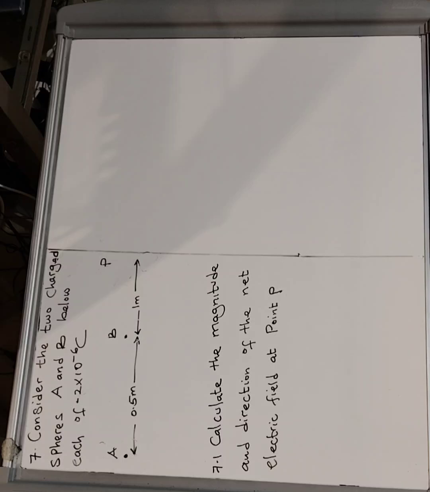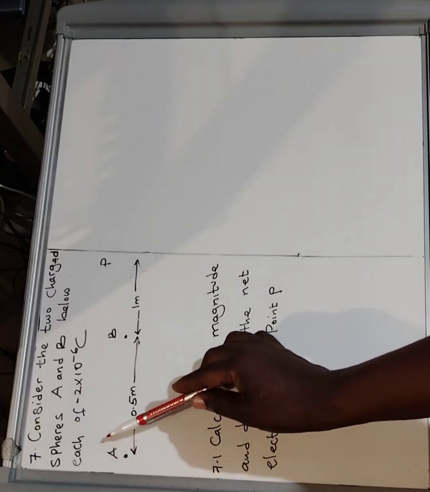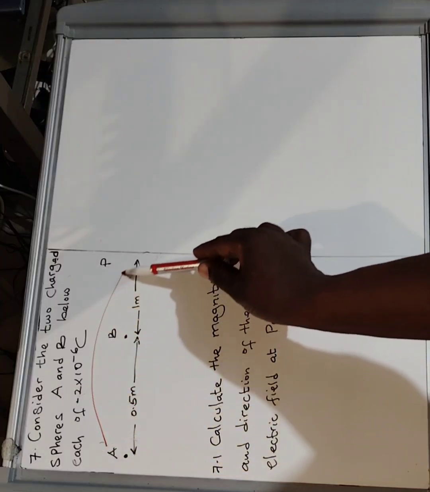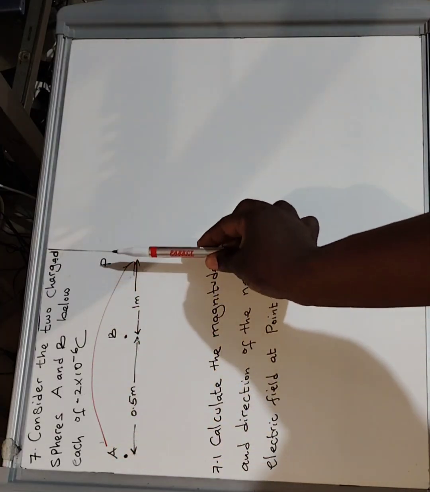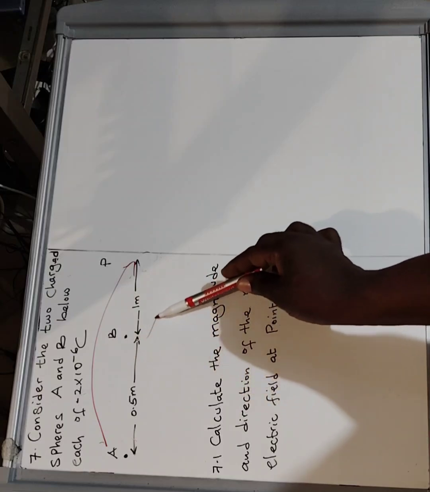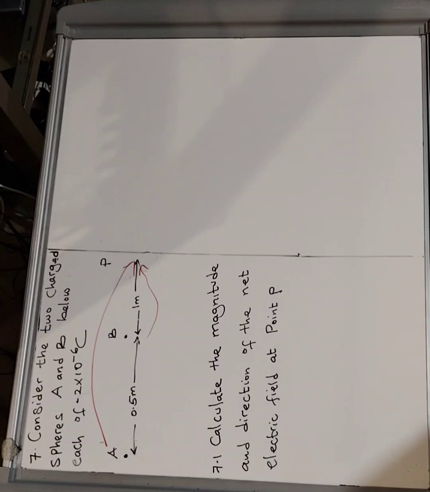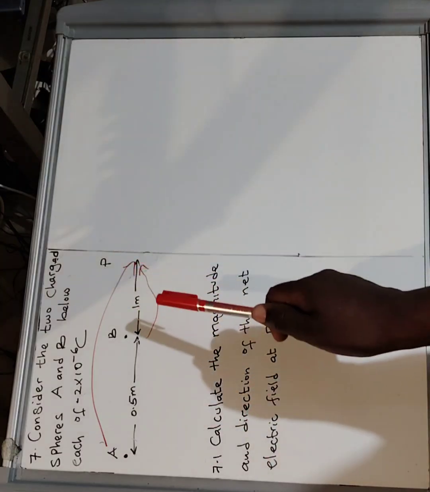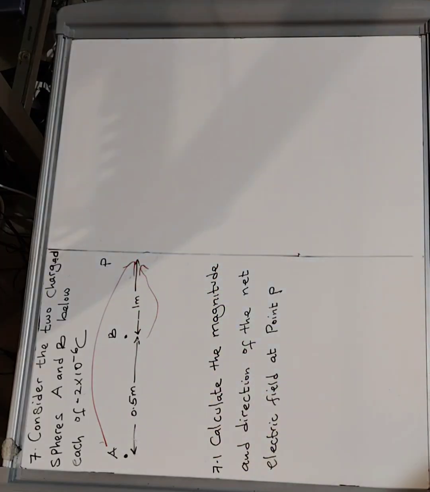Okay, what do we know? This is what we know. We know that this sphere A has an influence at P, so it has an influence in terms of electric field at P. And sphere B has an influence also at P. So the interaction between the two electric fields creates what we call the net electric field.